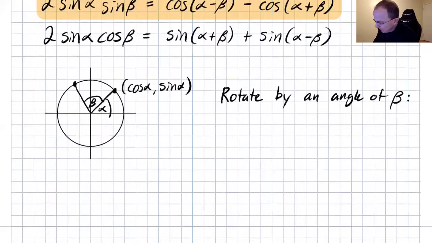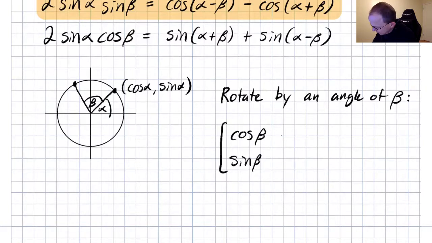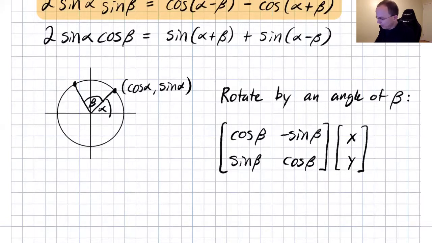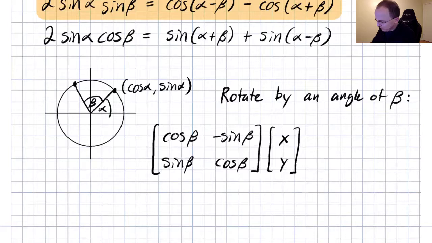So if you want to rotate a vector, so rotate xy points, how do you rotate xy points? So you multiply by this rotation matrix: cos beta, sine beta, minus sine beta, and cosine beta. So if you want to rotate an xy point by an angle of beta, then you can do this.